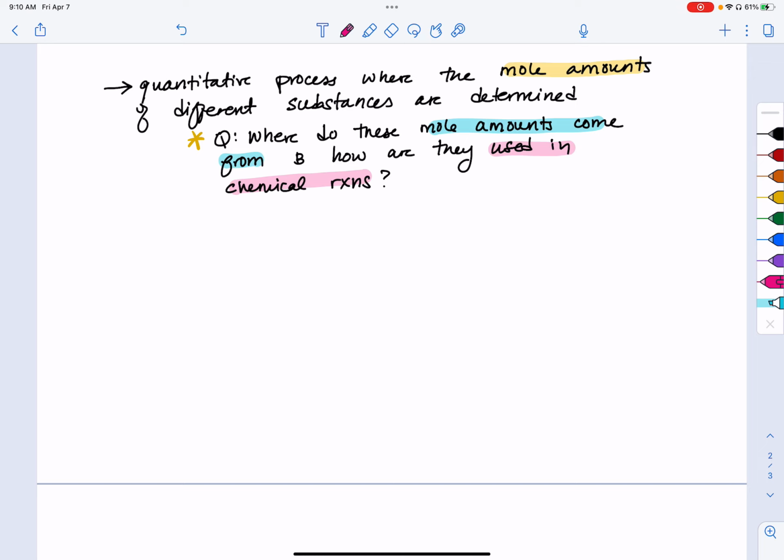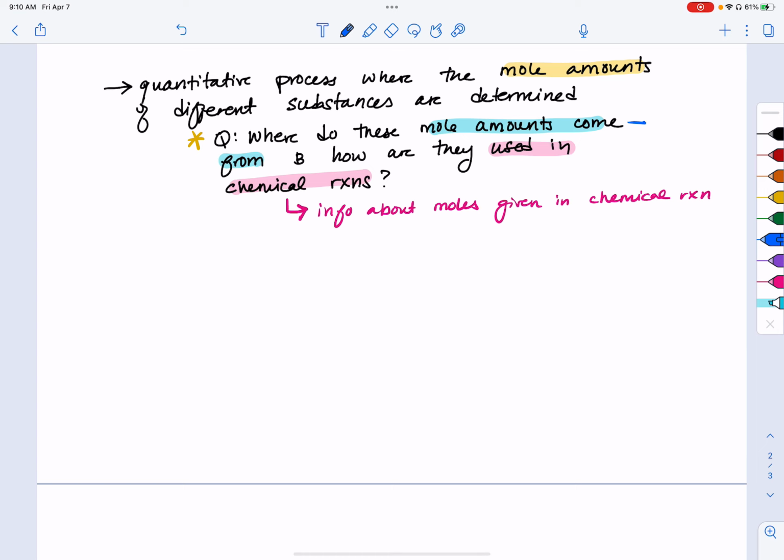So when looking at how to answer this question, we are going to look at information about moles given in some kind of chemical reaction.